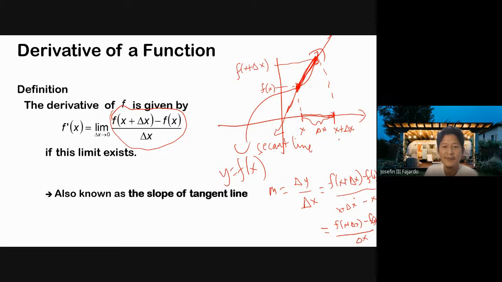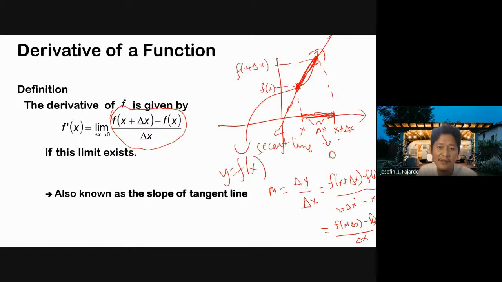So if you notice, the slope of the secant line, what the definition is trying to do is to make your delta x approach 0. So what happens here, these two points, if you make your delta x approach 0, what happens to this delta x?